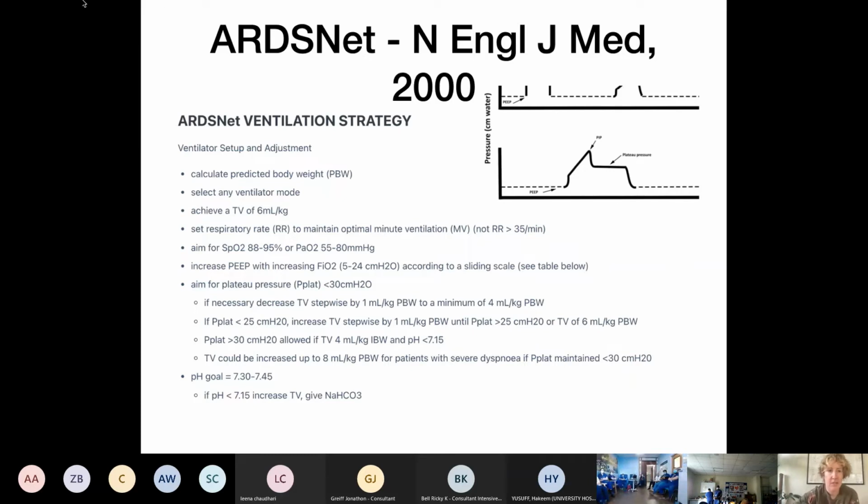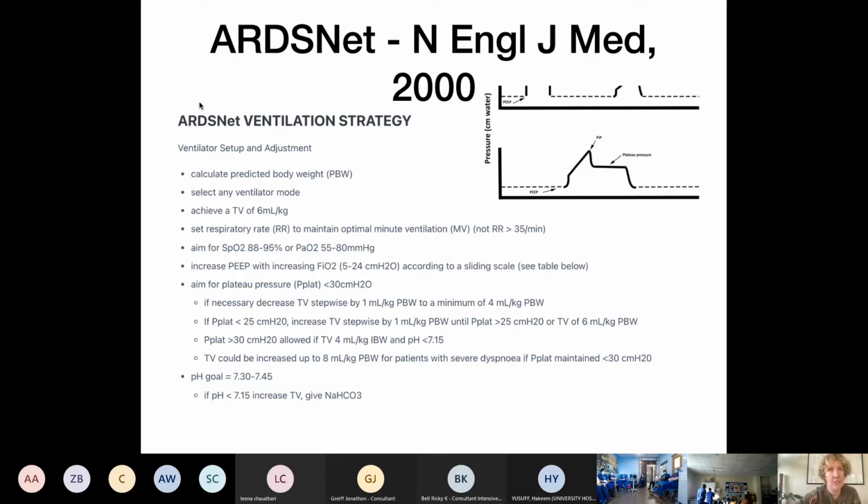So the first part, setting up the ventilator, and they say calculate predicted body weight, and we use ideal body weight. The reason for that is even if you are very big on the outside, your lungs are probably not proportionally sized. So we need to use an appropriate weight to titrate our ventilation. And they said, select any ventilator mode and aim to achieve a tidal volume of 6 mils per kilo.